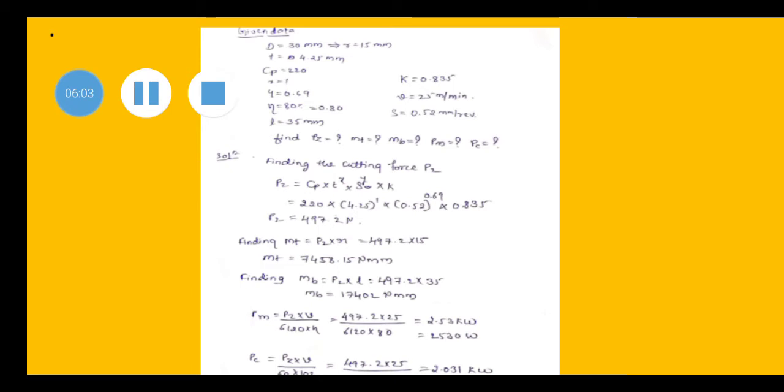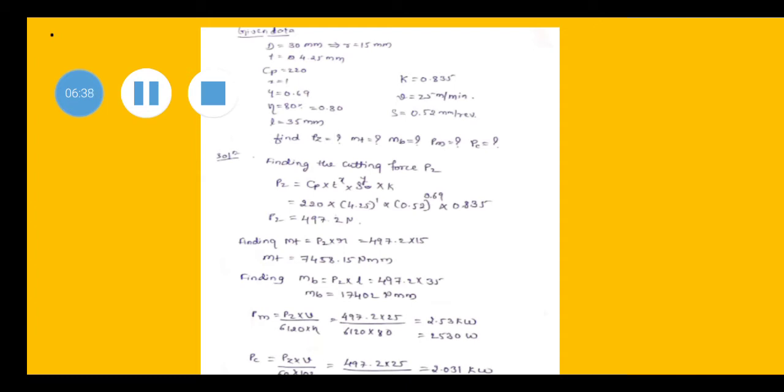Finding the turning moment, Mt is equal to Pz into r, that is 497.2 into 15, Mt is 7458.15 Newton millimeter. Finding Mb, Pz into L, 497.2 into 35, Mb is 17402 Newton millimeter. Pm is Pz into V divided by 6120 into efficiency, 497.2 into 25 divided by 6120 into 0.80, that is 2530 watt.